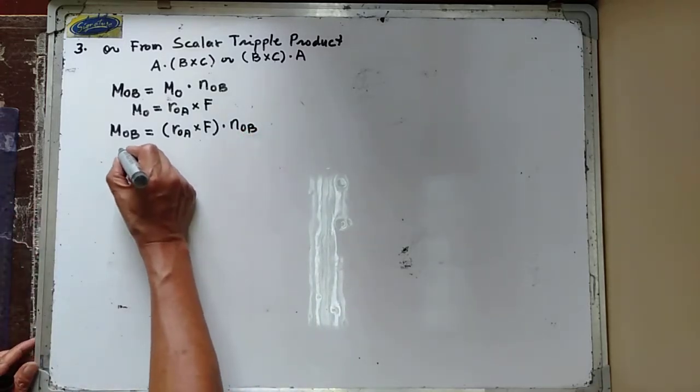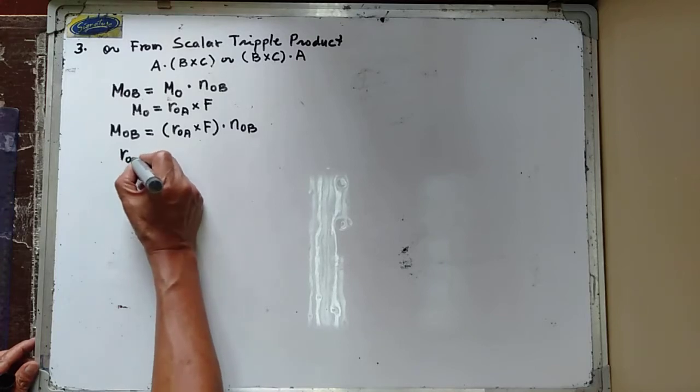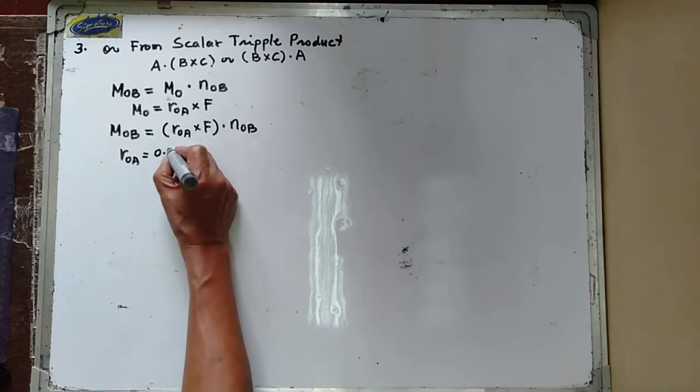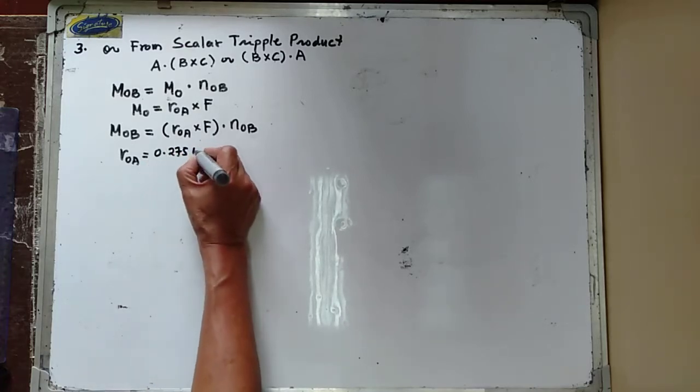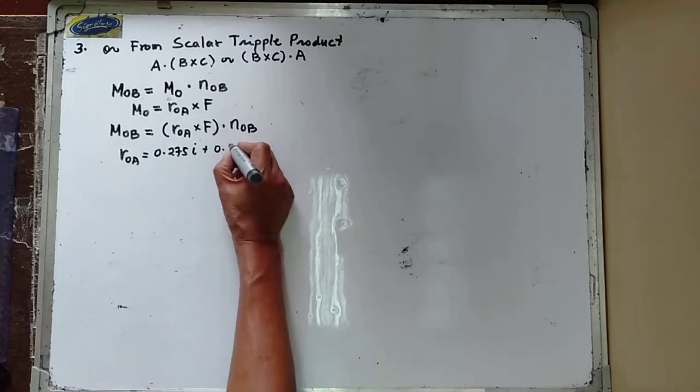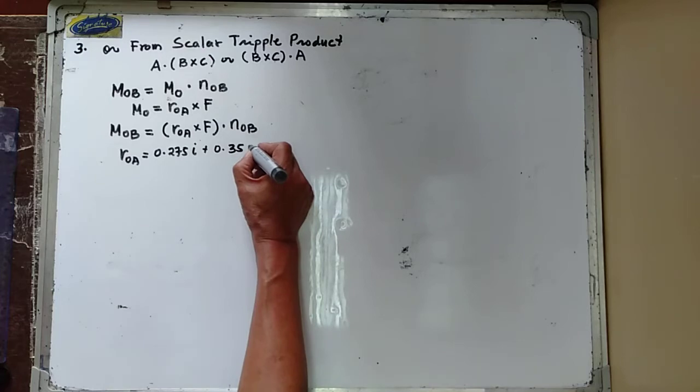So let's write your position vector OA, which is equal to 0.275I plus 0.35J.